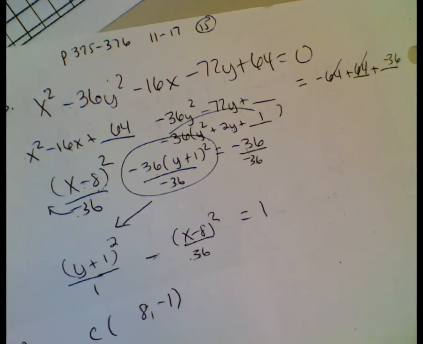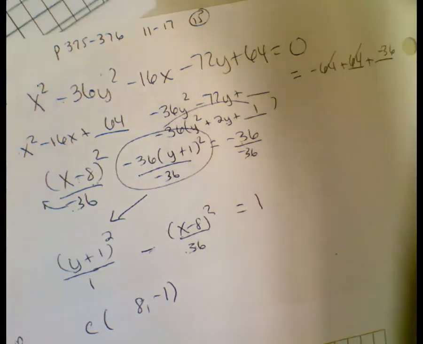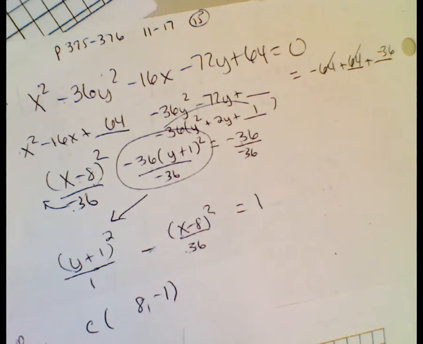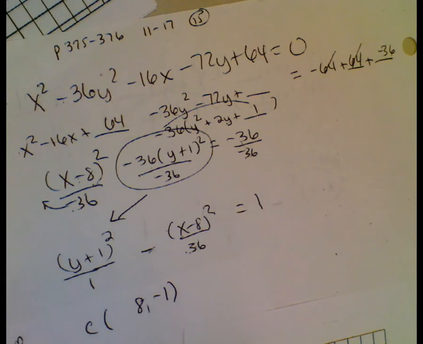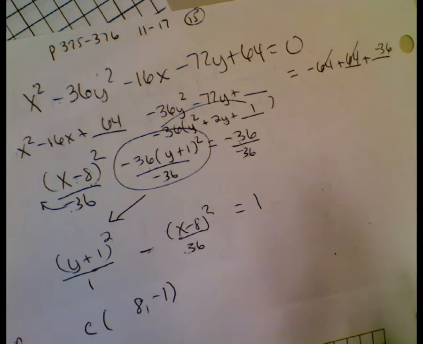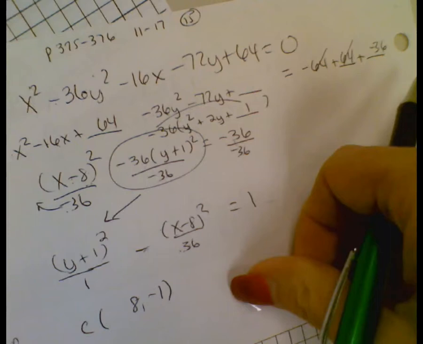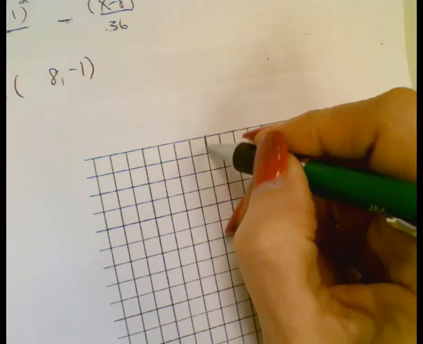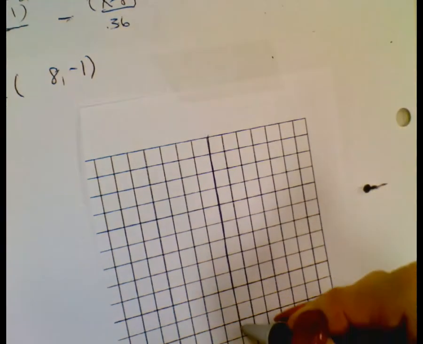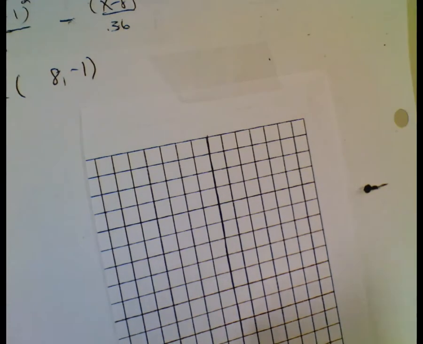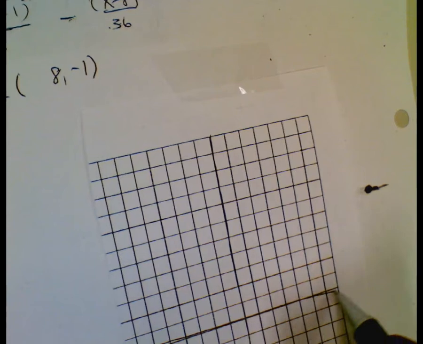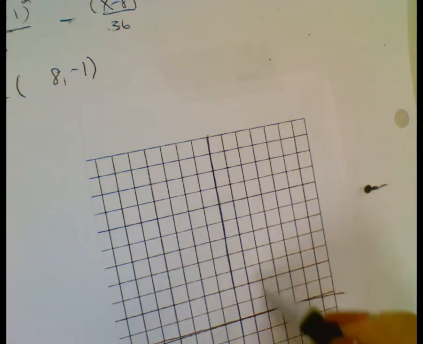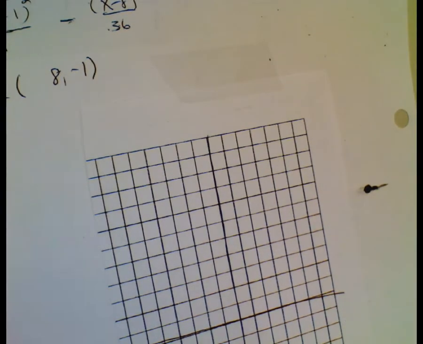So I'm going to add some graph paper here. I'm going to get an x and y axis in here. I think I should have maybe made my graph a little to the left, because 8, negative 1 is over here.